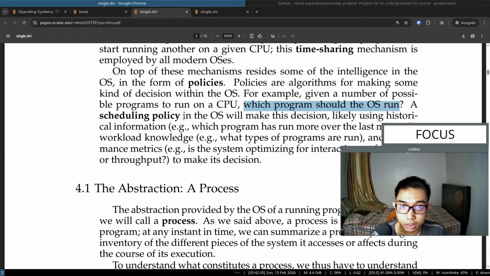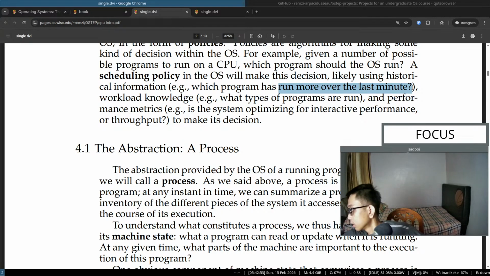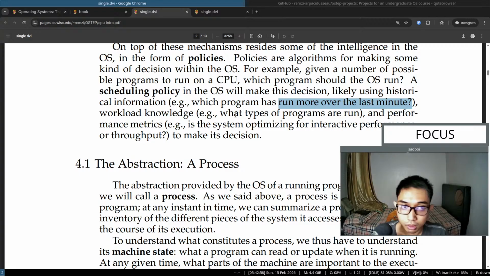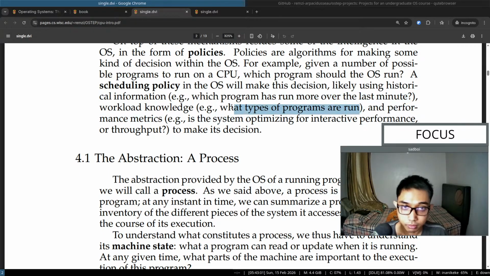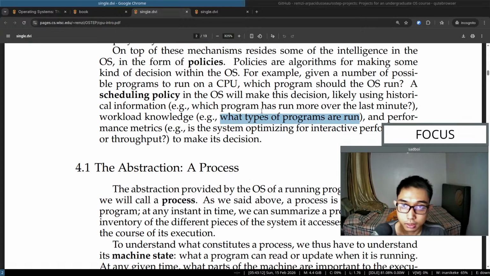A scheduling policy in the operating system will make this decision, likely using historical information: which program has run more over the last minute? Workload knowledge: what type of programs are run? And performance metric: is the system optimizing for interactive performance or throughput to make its decision?